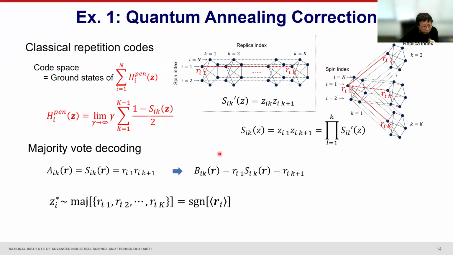As a result, Bayes optimal estimator of I's physical spin is given by majority vote of the readouts of I's spin in every replica.